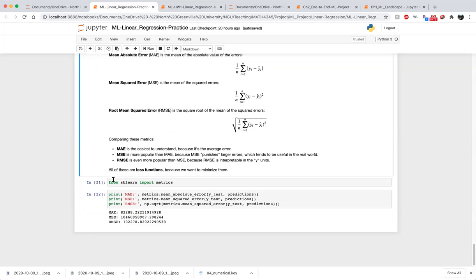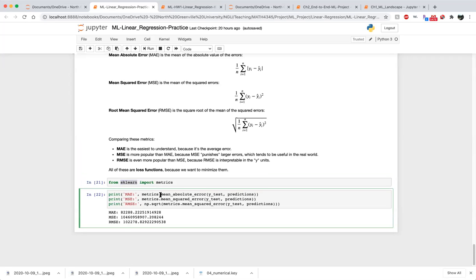Now, how can you measure this in Python? We import the metrics from sklearn. The sklearn is a library, a package that collects all the packages about machine learning. Okay, give me a second.